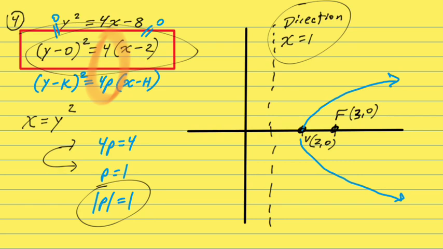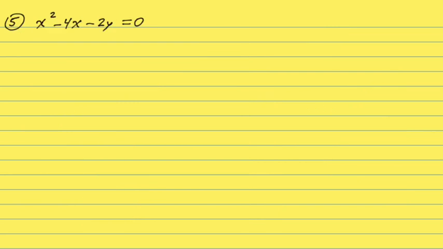On to number 5, the last question here. Only one variable squared, which tells me very clearly that this is a parabola. So I may just rearrange it, x squared minus 4x, and I might just add the 2y to the other side. I'm going to again attempt to complete the square.